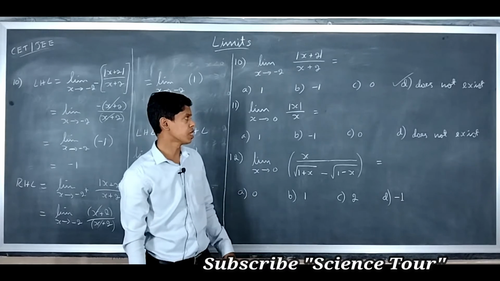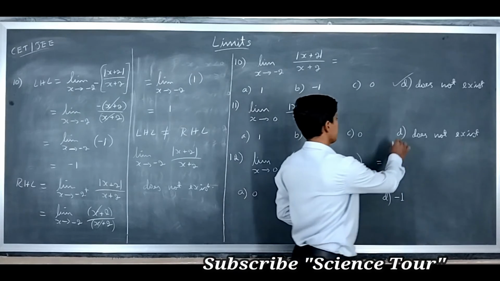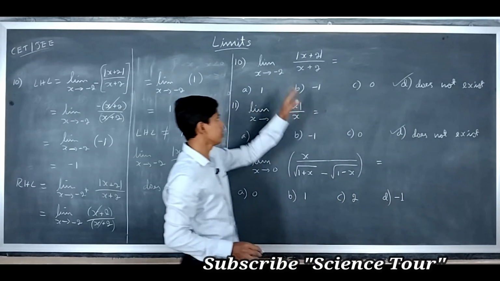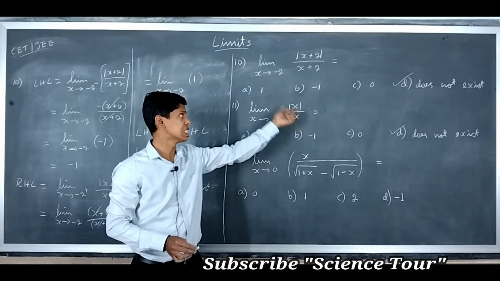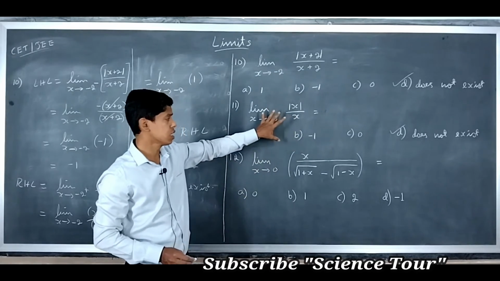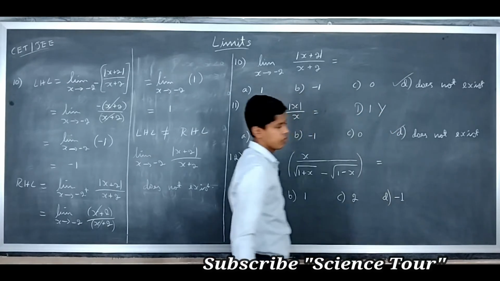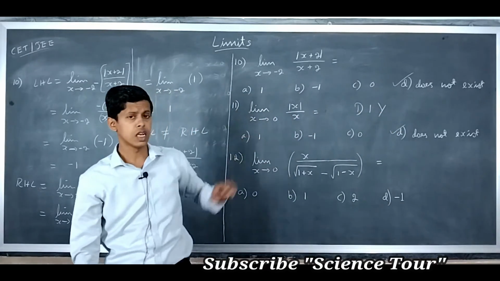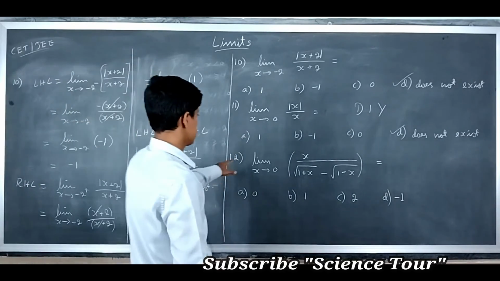Again you will get minus 1 and 1, it doesn't match, therefore it does not exist again. So please follow the previous question to get the answer of this, which is easier than that. So I leave it to you, please solve the 11th question by yourself. Now let's move to the 12th one.